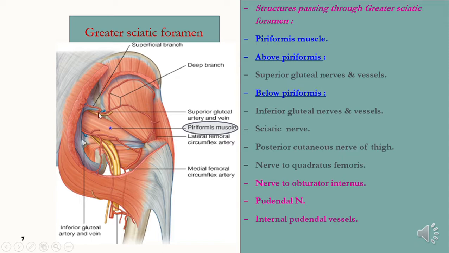The part above the piriformis is sometimes called the suprapiriformis foramen, and the part below is also called the infrapiriformis foramen. So you can see only the superior gluteal nerve and vessels pass above piriformis, and a large number of other structures pass below piriformis, which we'll identify in the next slides.